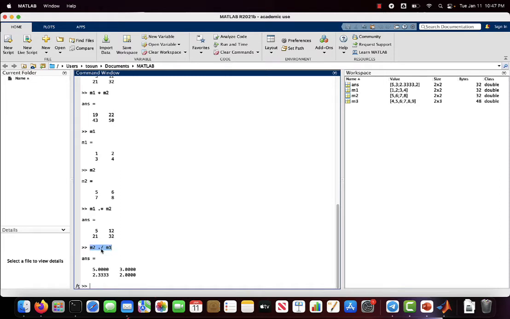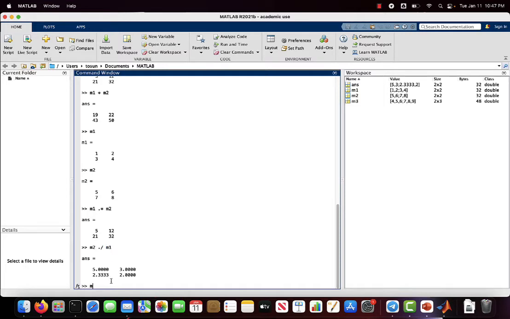And here we use dot, and that means the operation will be element-wise, and here is M2 and here is M1. 5/1 will be 5, and 8/4 will be 2. And here, as you can see, we used slash. That means M2 over M1.